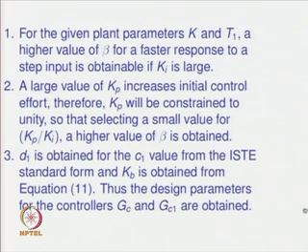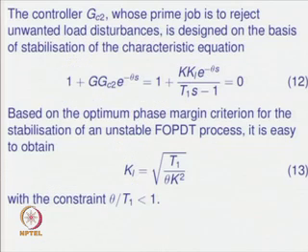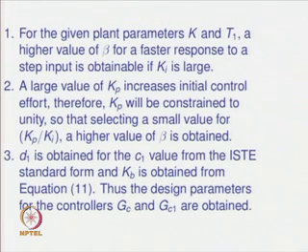Now, the steps have been explained for how you should proceed to design the controller parameters. The steps for designing GC and GC1 are given in steps 1, 2 and 3.